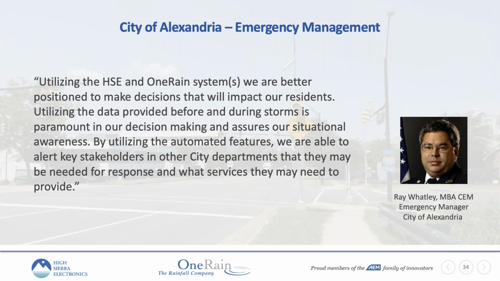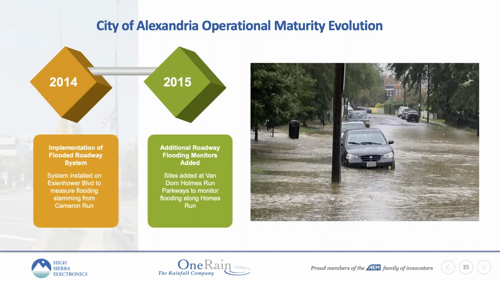One of the main things he likes about the system is that he's able to close the roads in an automated manner, without having to have people set up a fire truck or put out barriers or barricades. This drastically reduces the resources he has to spend during an event, so he can use his assets to go pluck people out of water in places they don't yet have systems. That's a big plus for him. He says it pays for the system in one rescue.